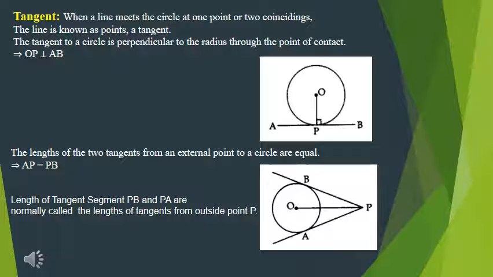So using this statement we can write OP perpendicular to AB. Similarly, the lengths of two tangents from an external point to a circle are always equal. So in the second figure, we can say tangent AP is equal to tangent PB.